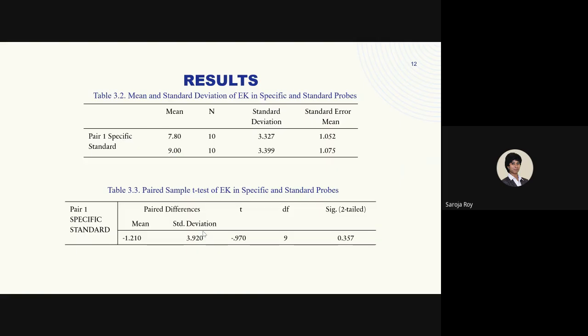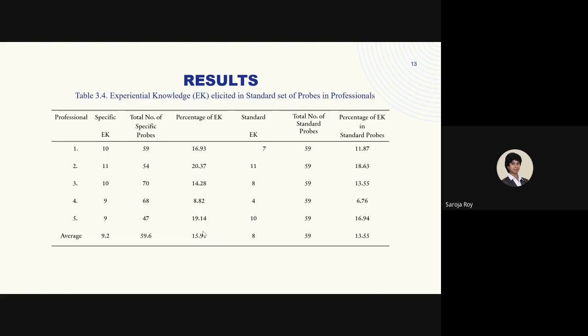And in the paired sample t-test between specific and standard probes, there wasn't a significant difference observed in both the sets. And actually, the same thing happened when we separated the professionals and amateurs. So this is just the results focused on professionals. As I mentioned, there were 5 professionals and 5 amateurs.